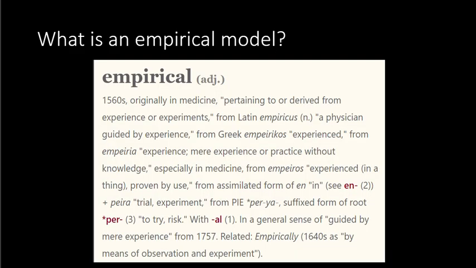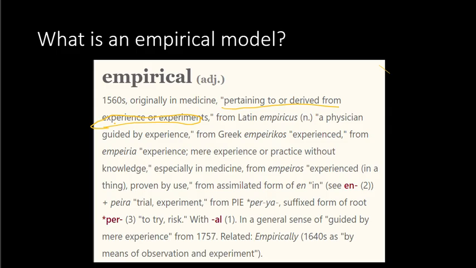So what is an empirical model? As we can see from the etymology, an empirical model is one that is derived from experience or experiments. The word empirical itself means that it's based on observation or experimental data rather than on physical theory.